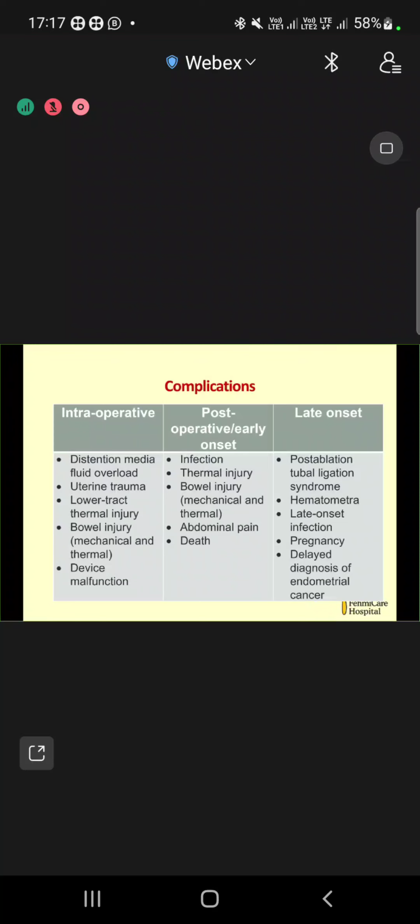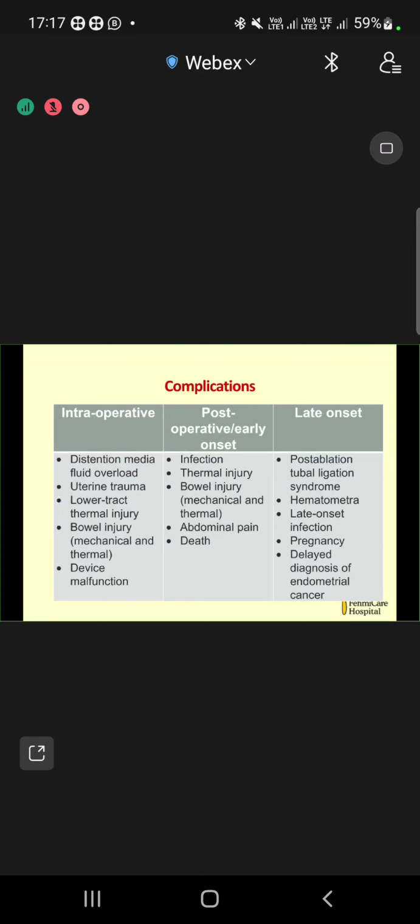One more question to the postgraduates: in the next class, you tell me what is post-ablation tubal ligation syndrome. Or if anybody already has the answer, they can put it in the chat box. Because you are ablating the endometrial cavity, when you bring out the heated probe, the cervical canal also may get burned and cervical stenosis can occur, and the sloughing material and blood can become hematometra.